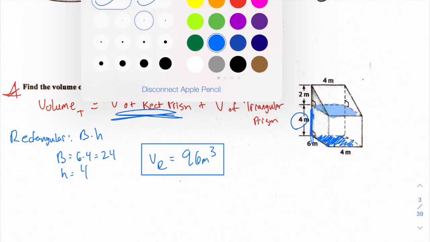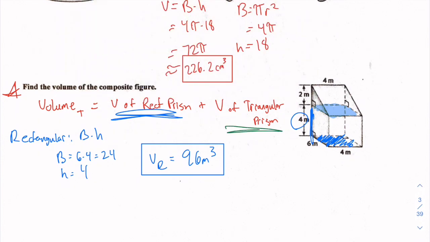Bam. Okay, and then now for the triangular prism, still base area times height. So again, a little tricky, just making sure your base is the triangle. Okay, it is not that rectangle at the bottom. It's a triangle.